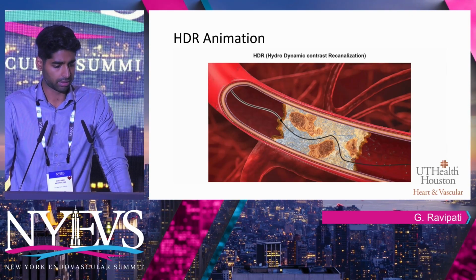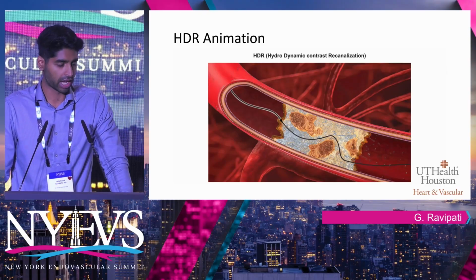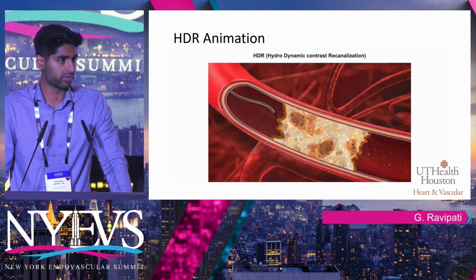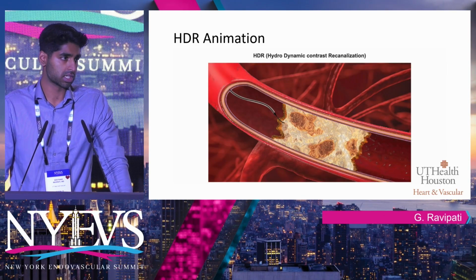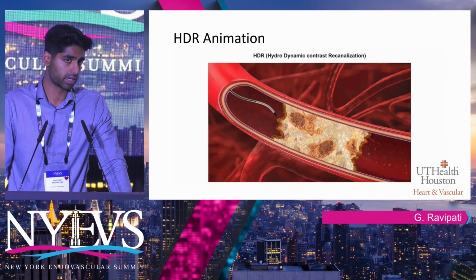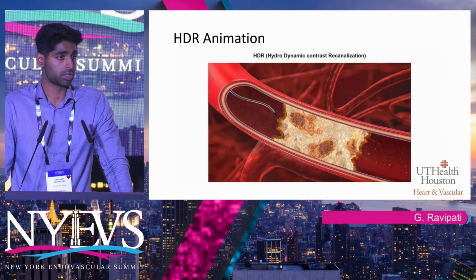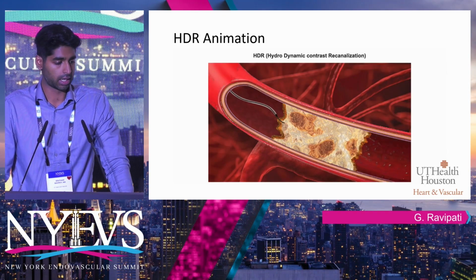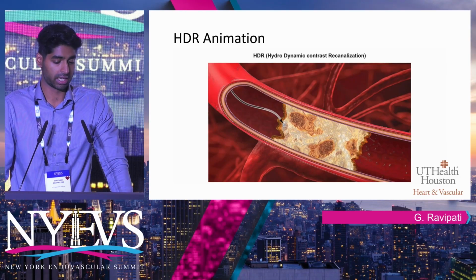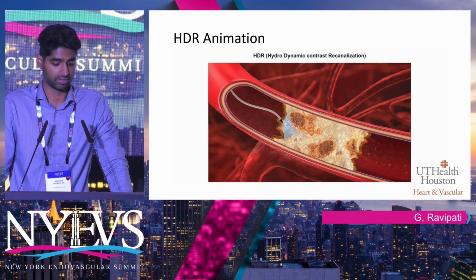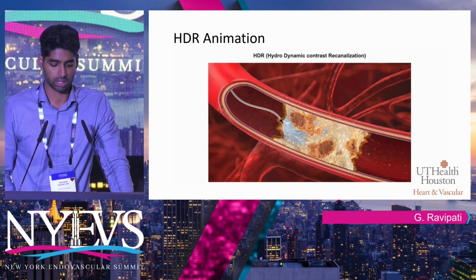I'll have this play one more time, but for the past year and a half, at least in our lab, we've been using this in the coronary sphere and the peripheral sphere. We've been able to use it antegrade, retrograde, in ISR, in venous, and some subclavian venous interventions as well.